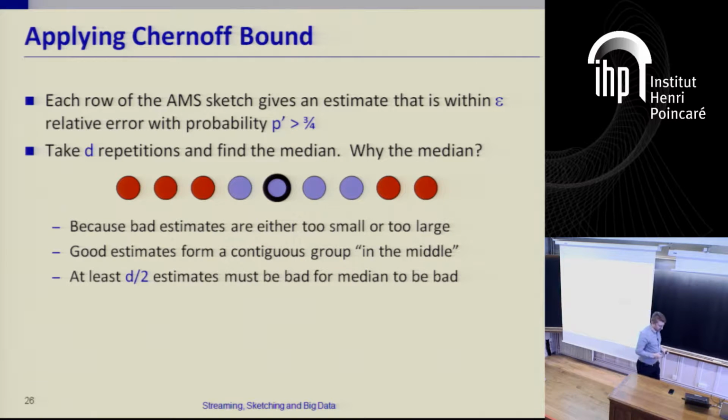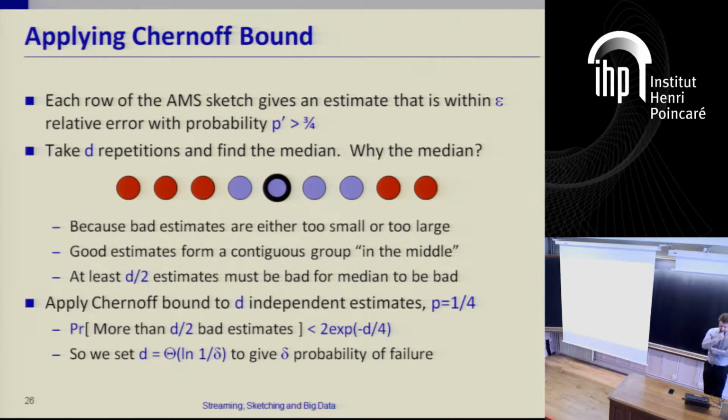Okay. Well, I carefully chose my probability so that the probability of getting a good estimate was at least 3/4. So the probability of a bad estimate is at most 1/4. So I expect only 1/4 of these to be bad. And my final estimate is bad if more than half are bad. So now I can plug in that Chernoff bound that I've just built.